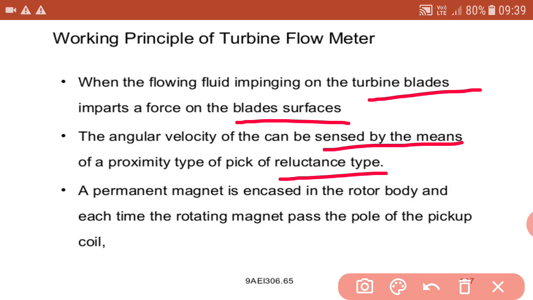So the angular velocity is measured with the help of a proximity type sensor, which is a reluctance type sensor.